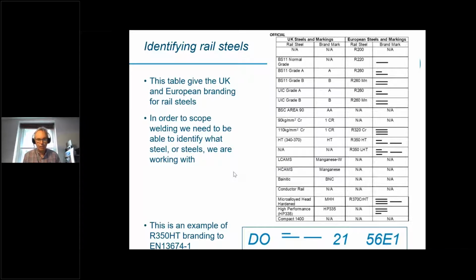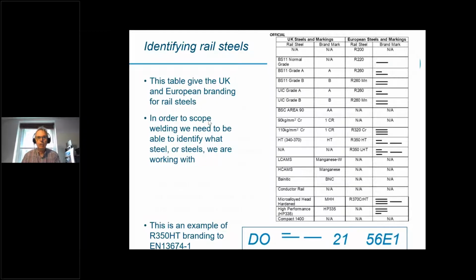You'll potentially have the wrong consumables on site, possession overruns, a failed weld. It's interesting to note that the most common cause of failed thermit welds is that we've put the weld in the wrong place. It's too close to another weld. So you might have to clamp the weld. It could also result in a broken weld. And in all cases, it's likely to result in abortive work and costs.